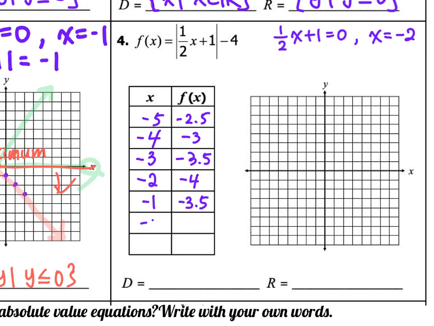When it's 0, it will be negative 3, and 1 and negative 2.5. So you're thinking, why do we still have negative numbers? Because we have negative 4 at the end, right? So let's find the points and connect those lines.